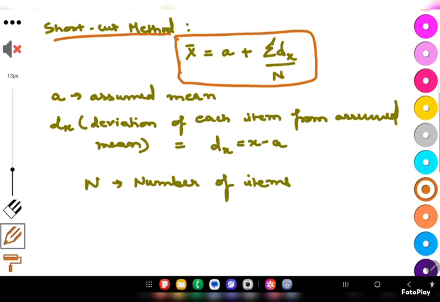Then what we do, we take the deviation of each item from the assumed mean small a and denote this deviation by dx, that is dx is equal to x minus a. Then thirdly, we obtain the sum of these deviations to find sigma dx and then use the formula x bar is equal to small a plus sigma dx upon capital N, where n is the number of items, for computing the arithmetic mean.